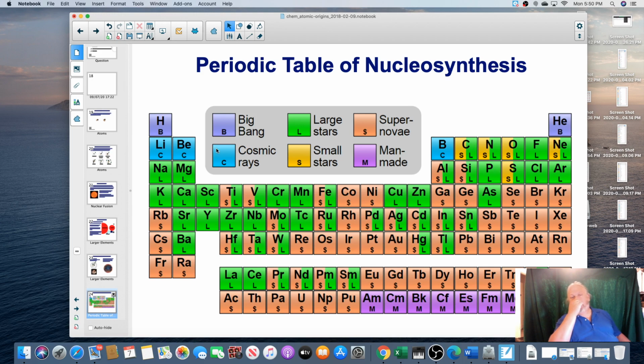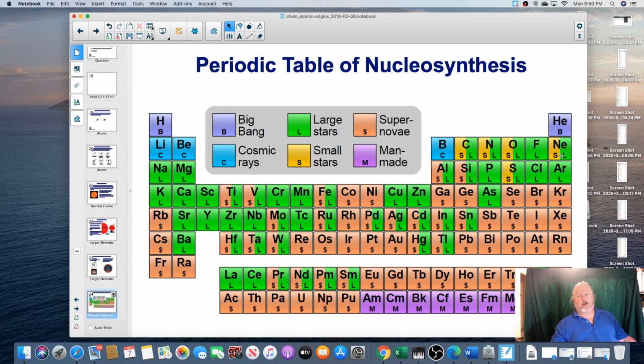Now, this is a pretty good little periodic table of the origin of the things we call elements. So the Big Bang created hydrogen and helium. Over time, cosmic rays and that little soup right after the Big Bang formed lithium, beryllium, and boron. Then small stars and large stars will form carbon, nitrogen, oxygen, fluorine only in large stars.